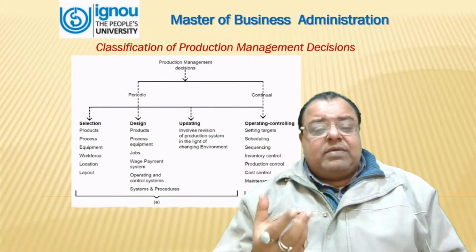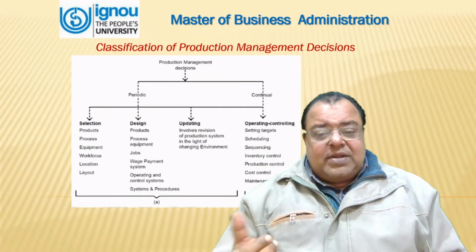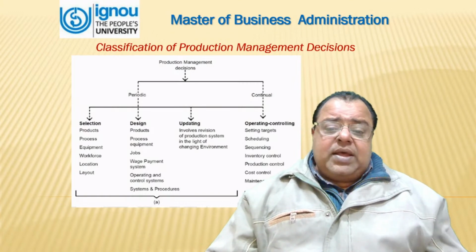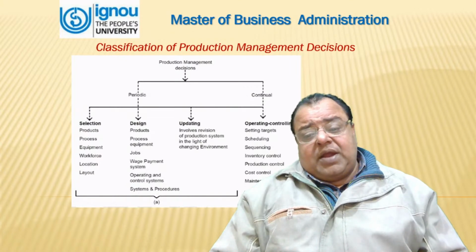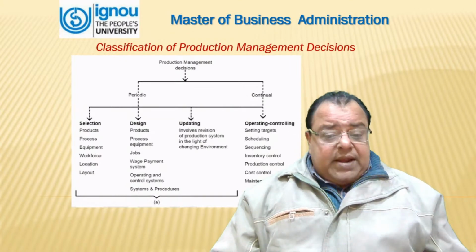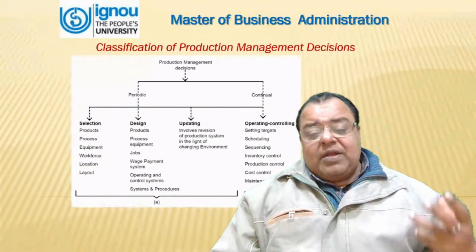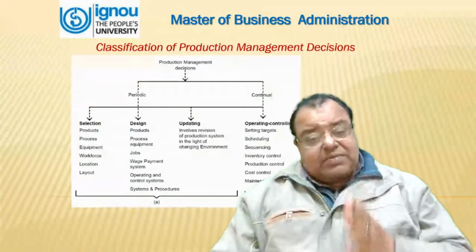Updating involves revision of production system in the light of changing environment or change in model. And on the other hand, this continual, that is operating and controlling, covers setting targets, scheduling, sequencing, inventory control, production control, cost control, and maintenance, because this is all a continuous process.